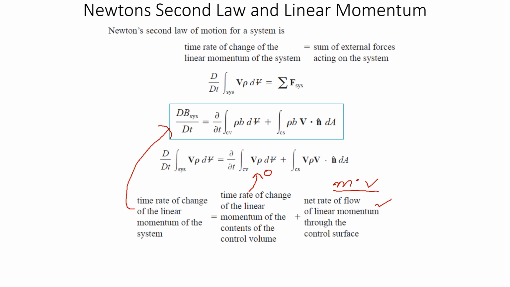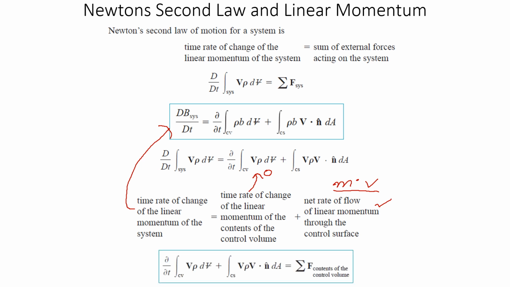So this is what our net flow rate will be. This is now our new Reynolds transport theorem for our linear momentum case, and this is what the final version of this Reynolds transport theorem will look like. On the left is the change of the system with respect to time.